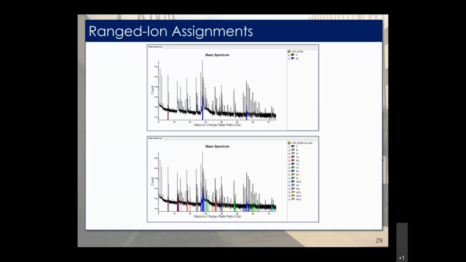And then after, we have everything else filled in, which includes a series of ions that are just elements, aluminum, iron, and so on, as well as molecular ions, combinations of carbon, C2, C3, C4, and so on, and other various combinations, until we have basically all the major peaks in the mass spectrum identified.